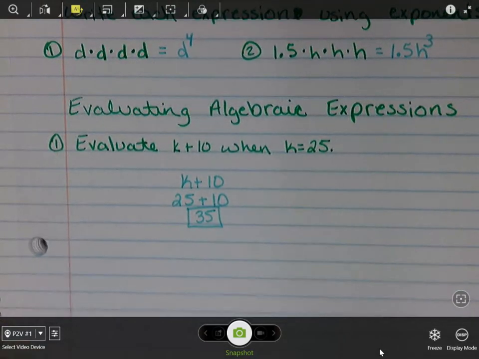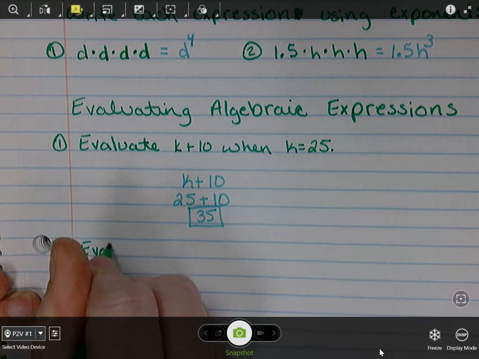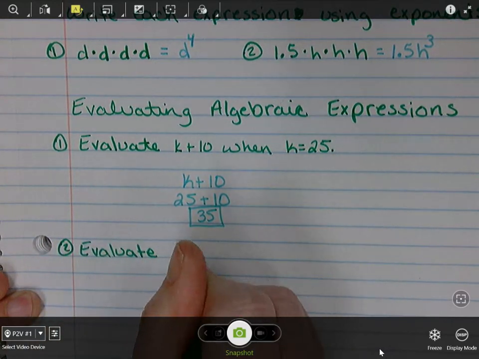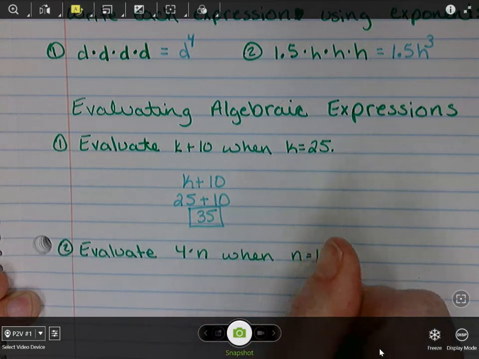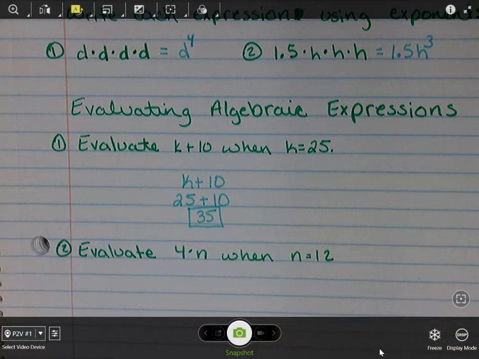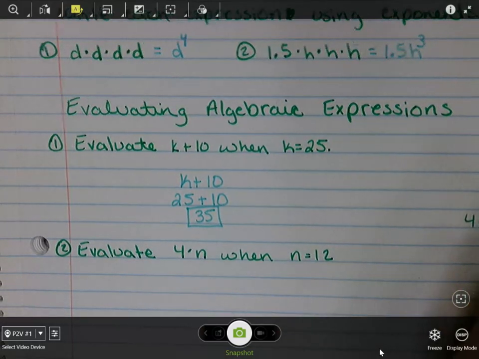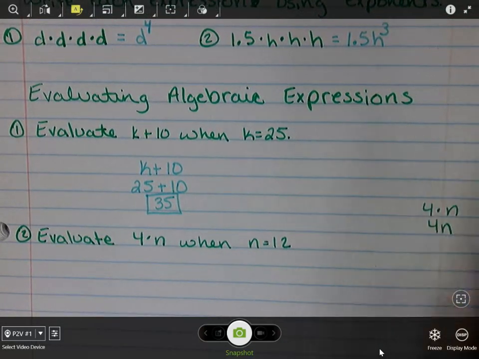All right, let's try another example. Evaluate 4 times n when n is equal to 12. Just as a side note, whenever you have the product of 4 and n, you can write that several different ways. For 4 times n, you could write that as 4n, or you could write that as 4 parentheses n.